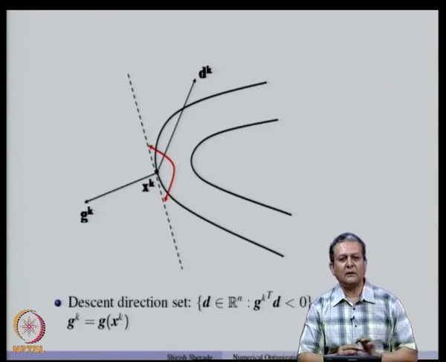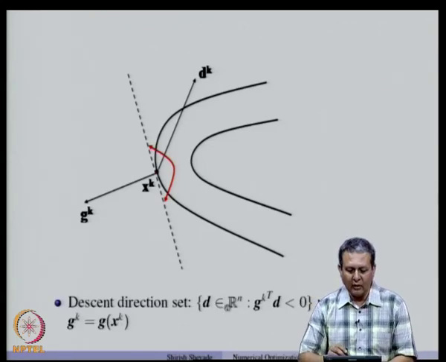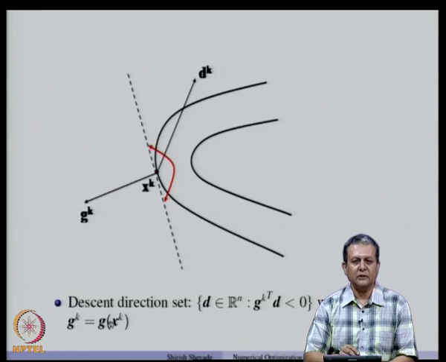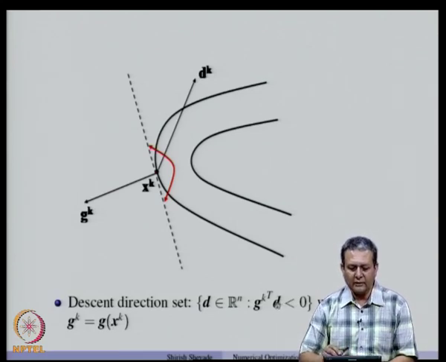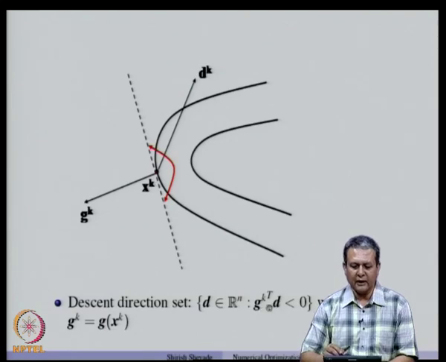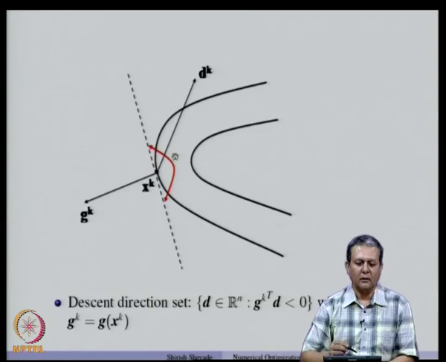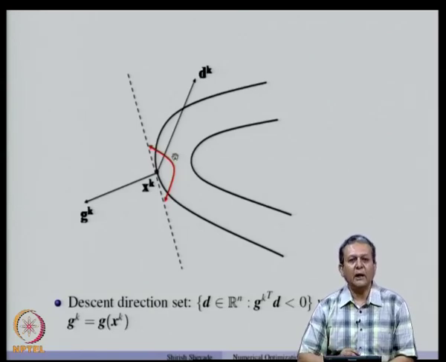So, the descent direction set is a set of all directions in R n, such that g k transpose d is less than 0, where we are using the notation g k for g of x k. So, the set of all directions d such that g k transpose d is less than 0 is shown here by a red arc, and d k can be any of these descent directions.